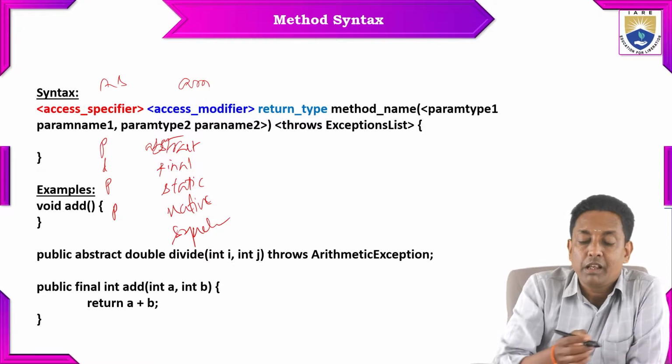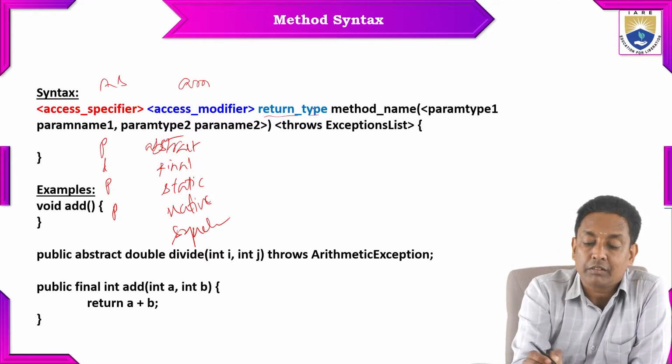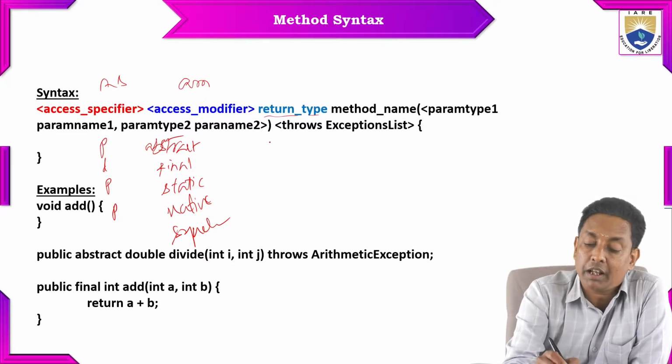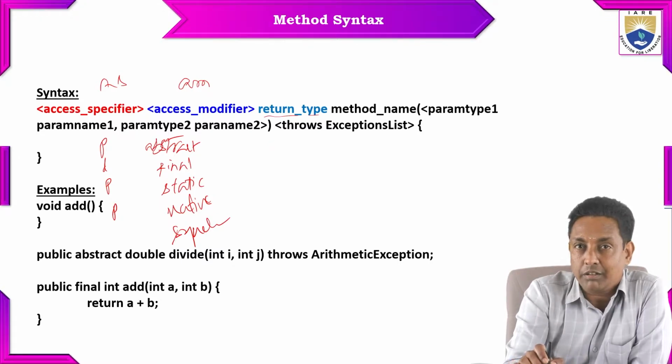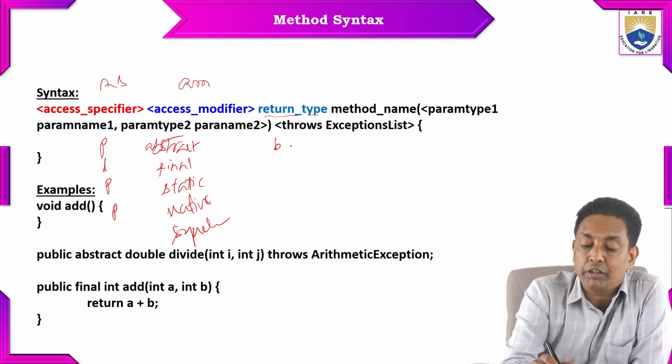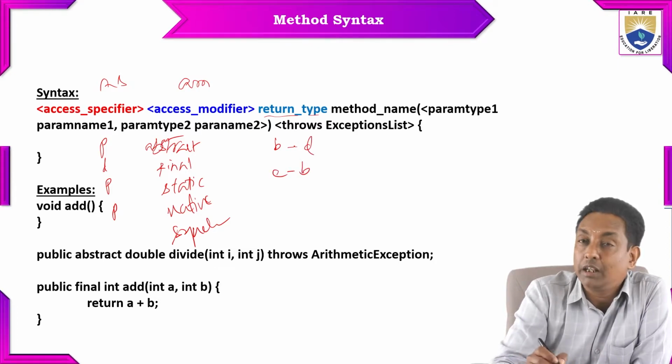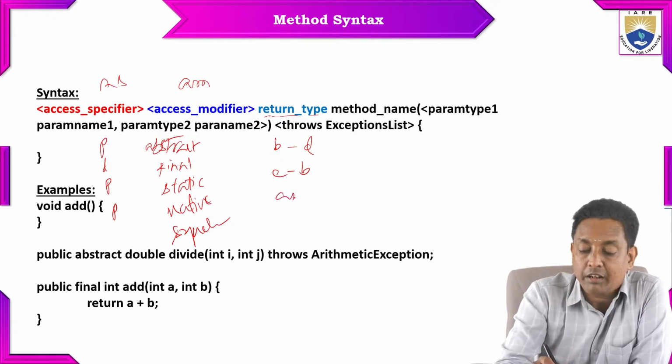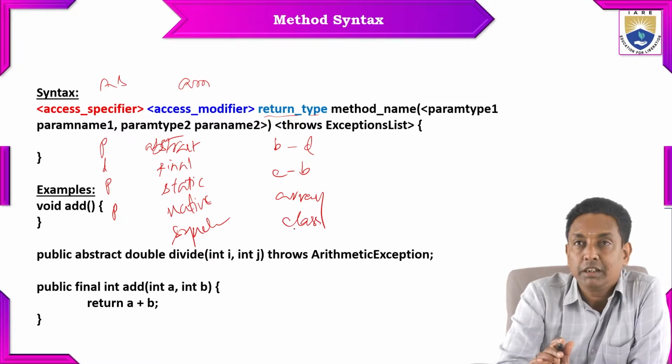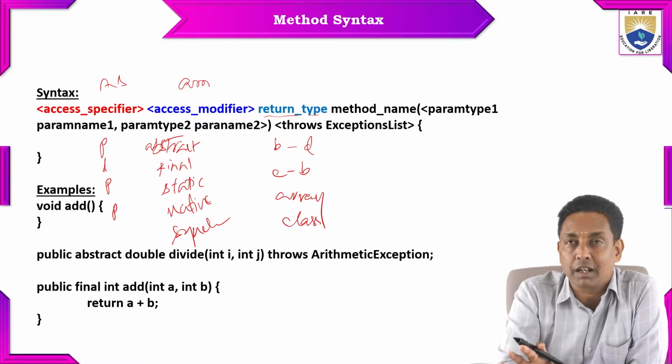The next is the return type written above the method. The return type can be any type, right from byte to short to int to long to float to double, char, boolean, array, any class type. These are all the possible return types of a method.